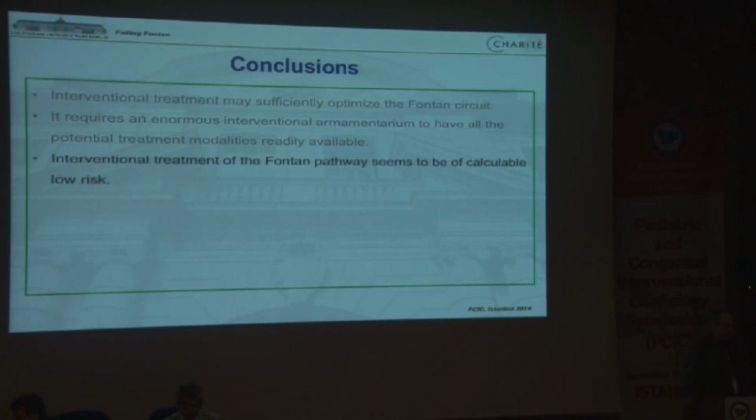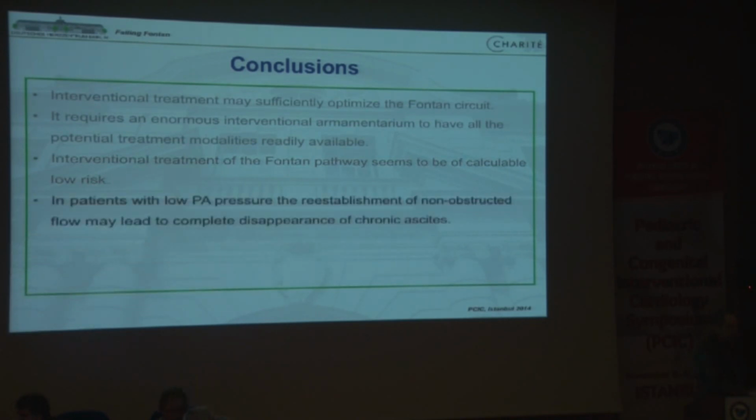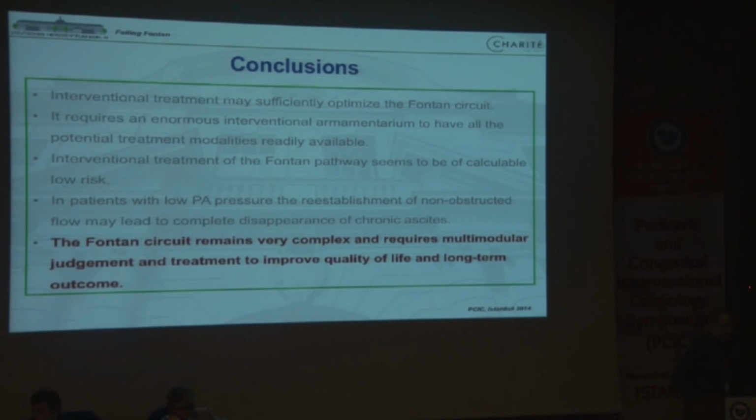The interventional treatment seems to be of a calculable, very low risk, and in patients with low PA pressures, the re-establishment of non-obstructive flow may lead to complete disappearance of chronic ascites. So far, the Fontan circuit remains very complex in any way, and it requires multimodal judgment and treatment to improve quality of life and long-term outcome, which also includes the medication and taking care of the arrhythmia problem.